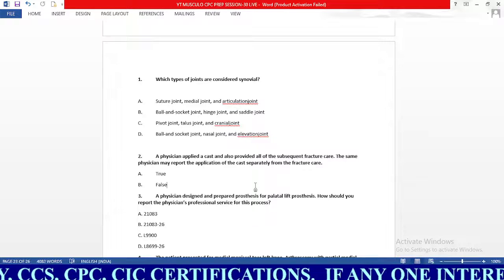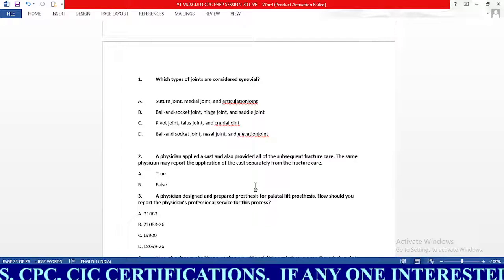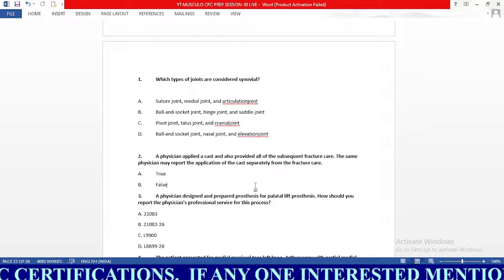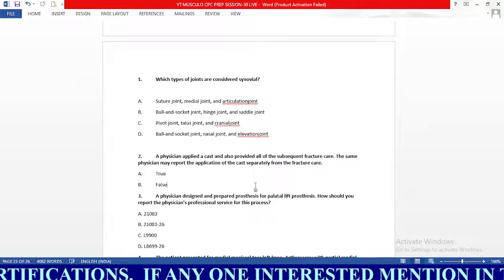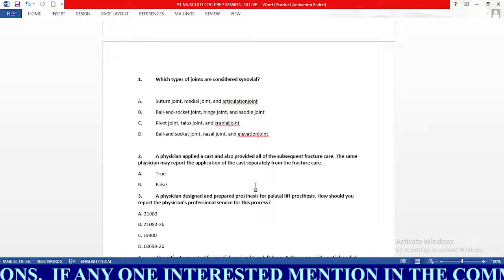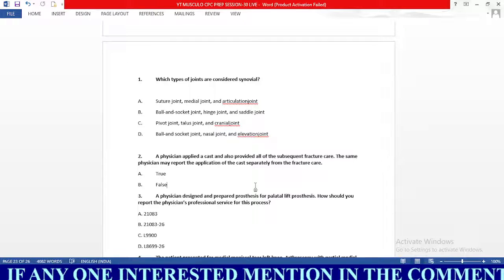If you don't know, also try to write anything. During the CPC exam also, you need not skip any answer as there is no negative marking. You need to attempt each and every question.